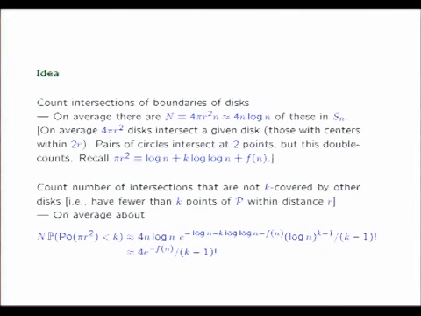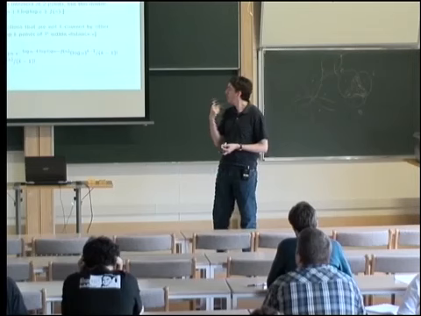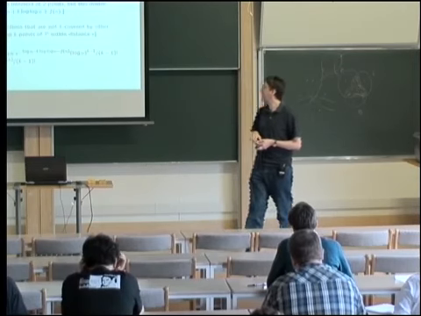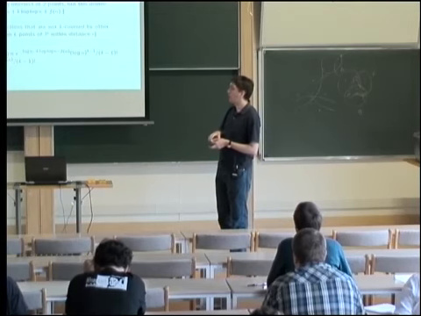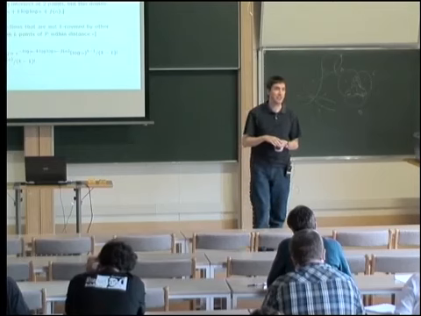For two disks to intersect, they have to be within distance 2r of one another, because if each disk is of radius r, you need them within 2r to intersect. Which means that typically there are 4 pi r squared disks, because the Poisson intensity is 1, that intersect a given disk on average. Of course, when two circles intersect, they intersect in 2 points.